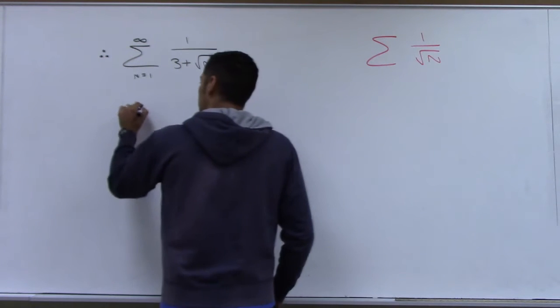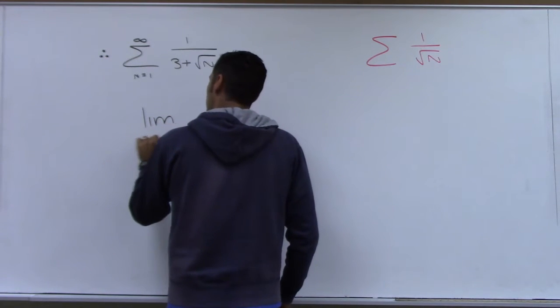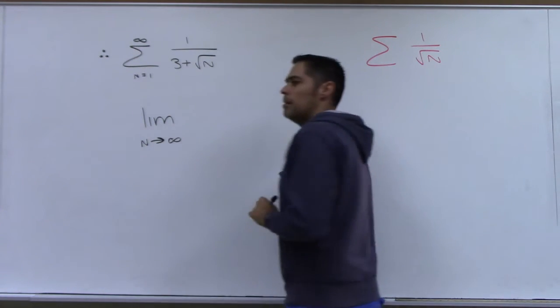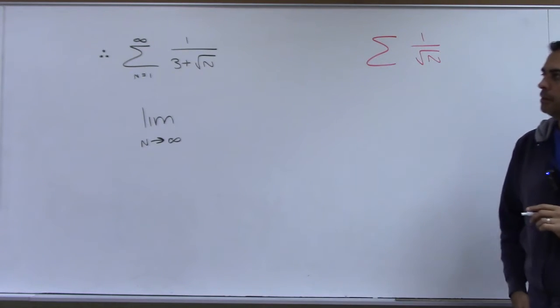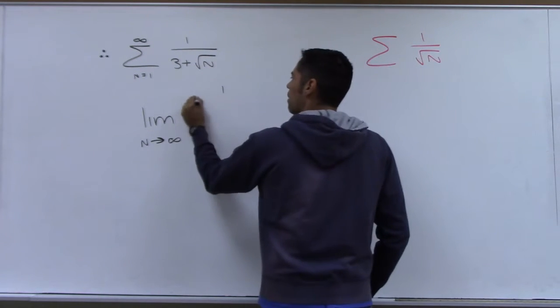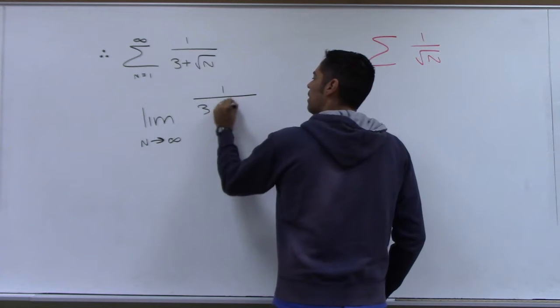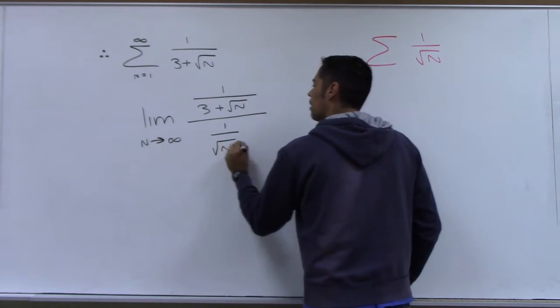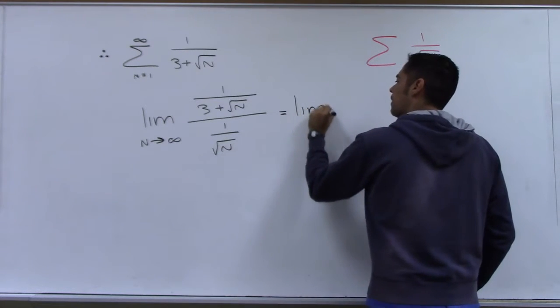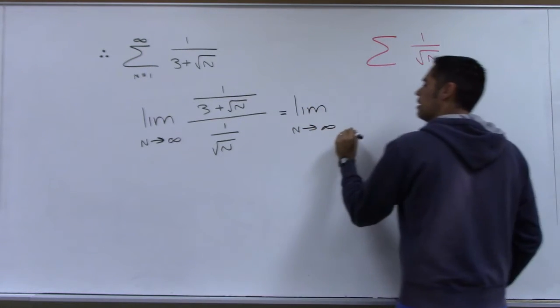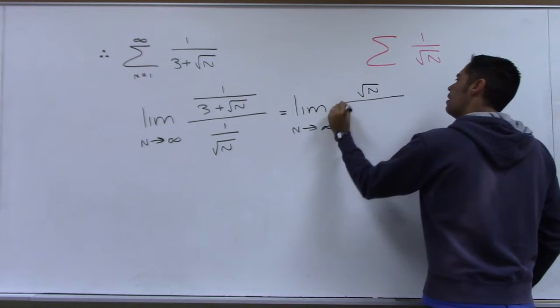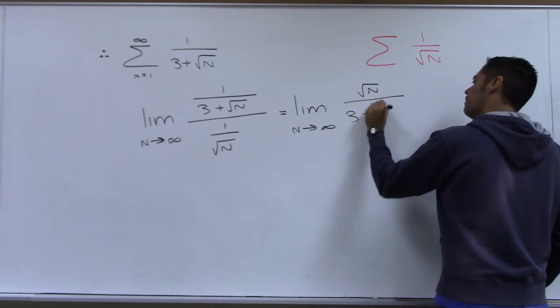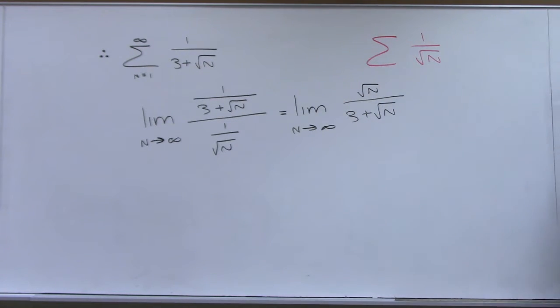So I'm going to take the limit as n goes to infinity of 1 over 3 plus root n, that's a sub n, divided by 1 over root n, which is really the limit as n goes to infinity of root n over 3 plus root n. It's infinity over infinity. So L'Hopital.